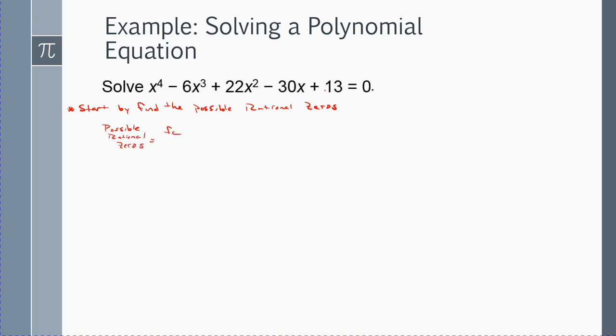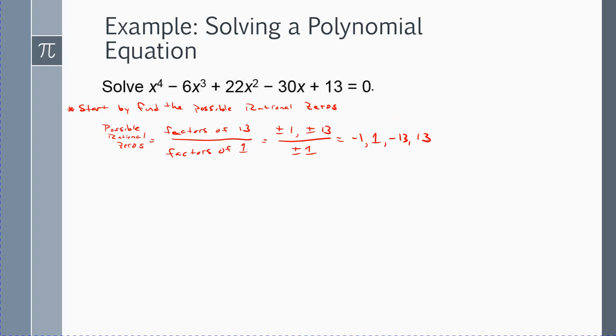It's going to be factors of the constant term over factors of the leading coefficient, which is 1. So this is going to be plus or minus 1 and plus or minus 13 over plus or minus 1. So really, your possible rational zeros are minus 1, 1, minus 13, and 13.